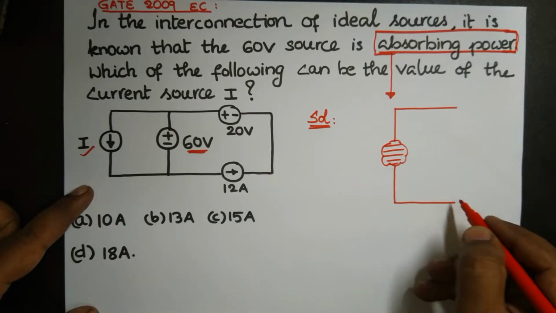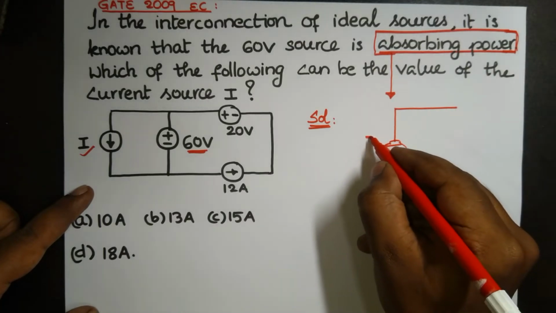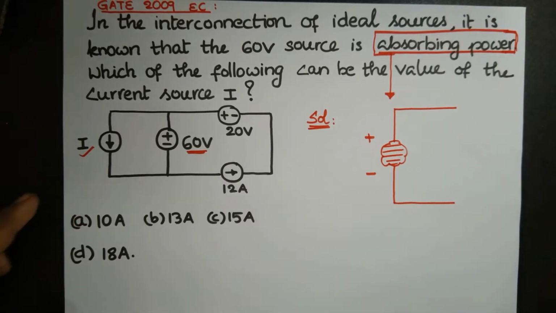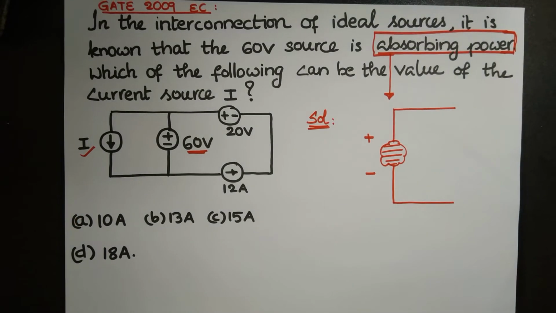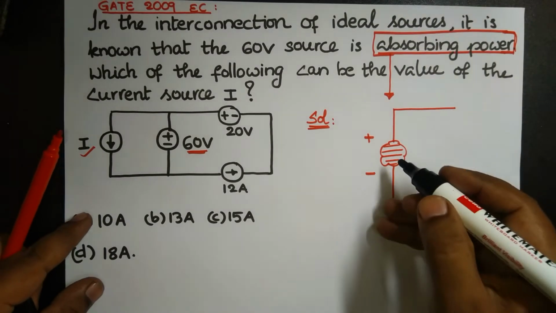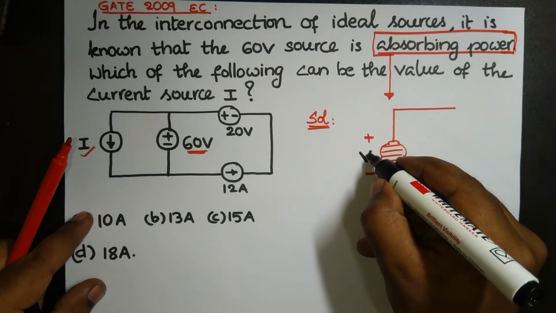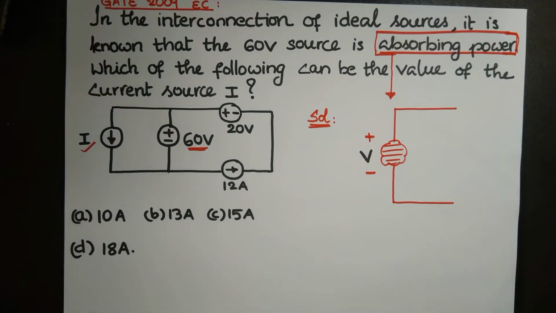Okay, this is some element. Say the polarity is mentioned like this, plus minus. An element could be a voltage source or current source or resistor, capacitor, inductor. You can treat anything as an element in literature.